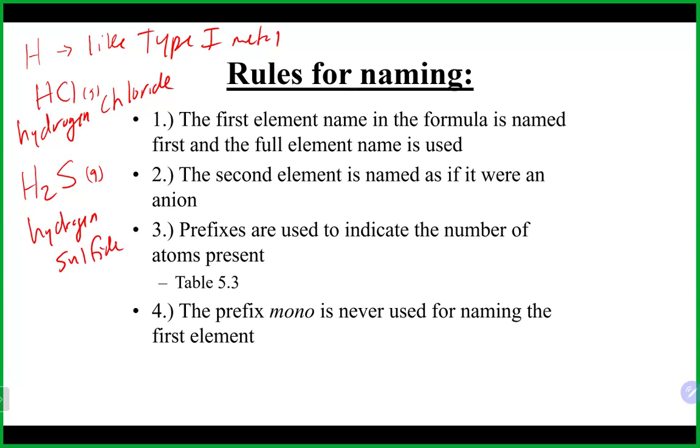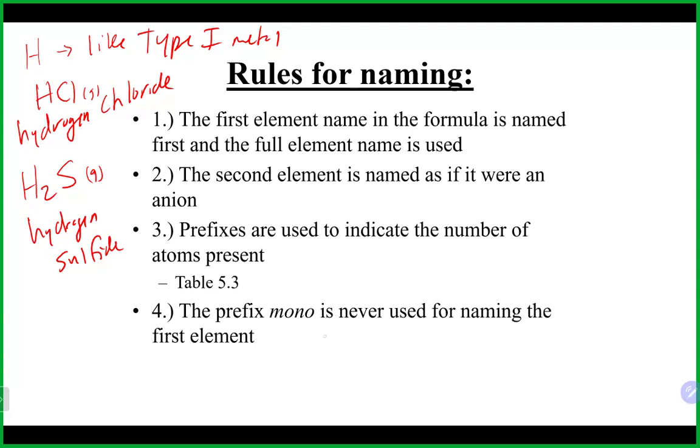You could think of it as more like a type 1 type of naming, even though technically speaking, in each of these cases, they're covalently bonded, they're sharing electrons. The reason for that is something we'll talk about at the end of this chapter, which is when these guys get dissolved in water and they make an acid, they then behave more like ions in solution. And that's why we name them like type 1. But all other nonmetals, we pretty much will roll with type 3 naming.